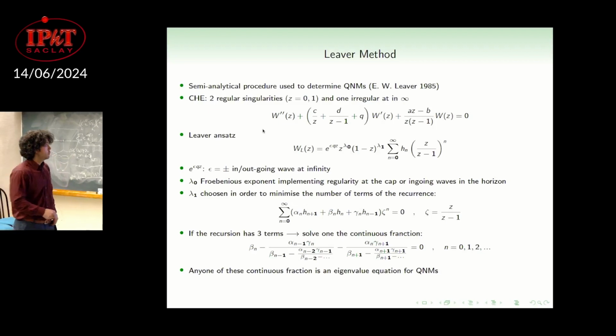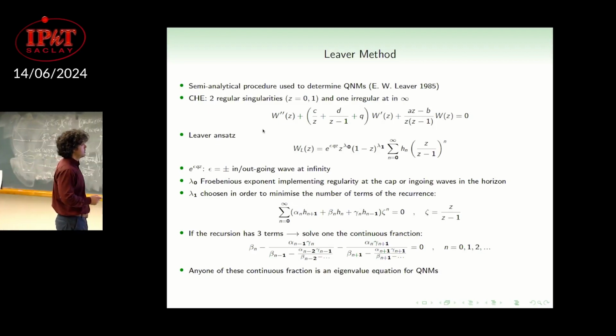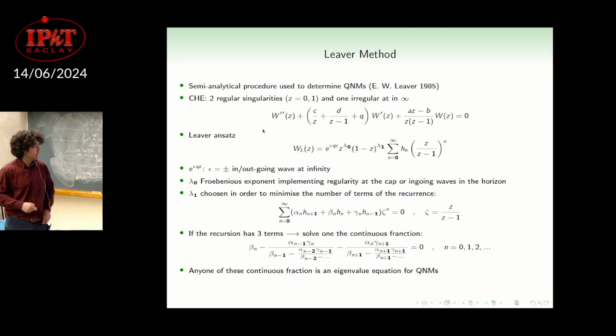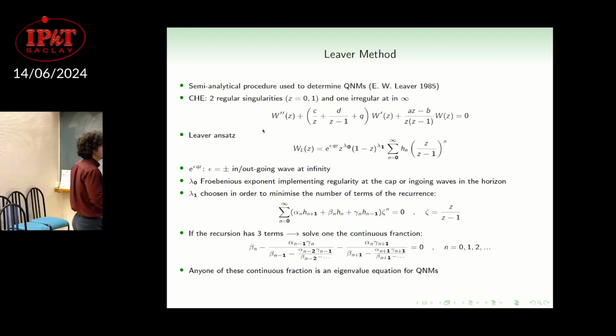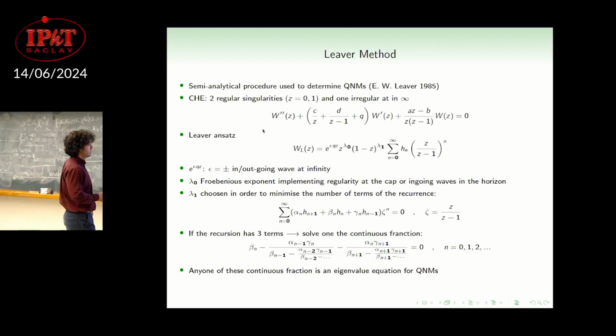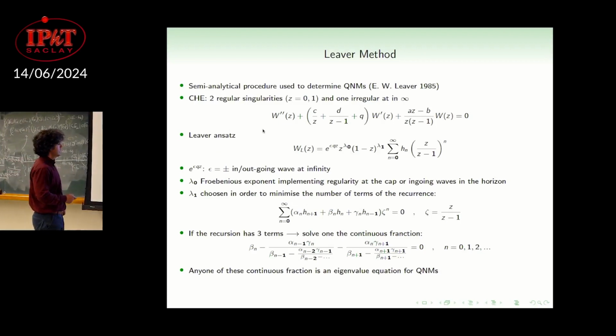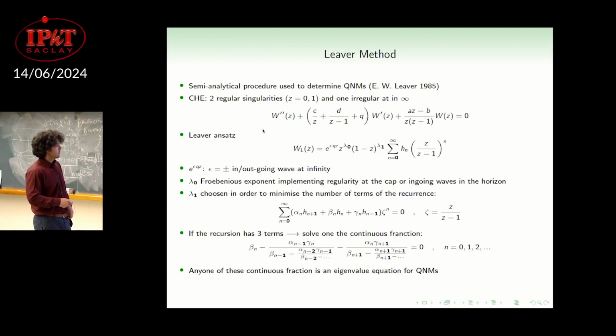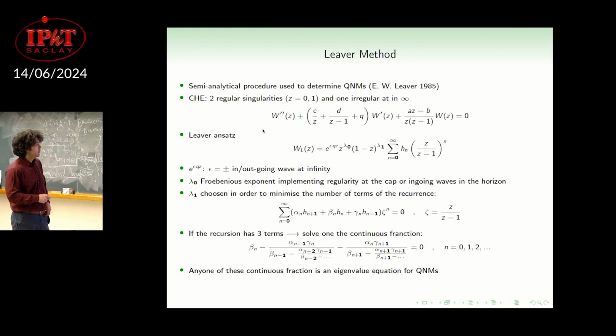And what it is possible to show is that for the confluent Heun equation, it is always possible to put your recurrence relation in a three-term recursion relation. Okay, so with 3 terms. And if you are able to do this, you can impose a sort of consistency condition for this recursion relation, which can be written in terms of this continued fraction, involving only the coefficients of your recursion.